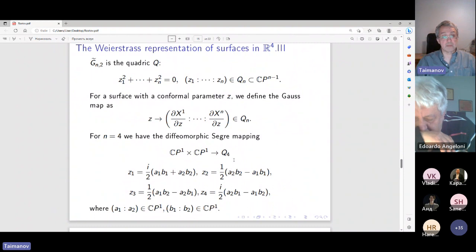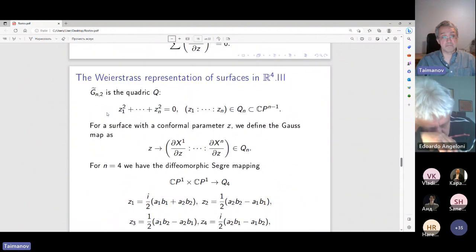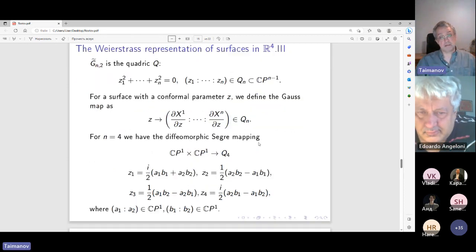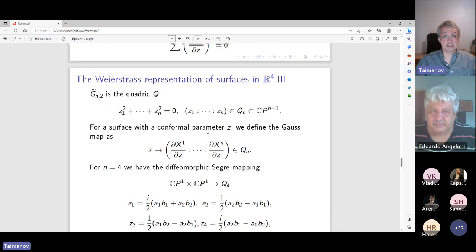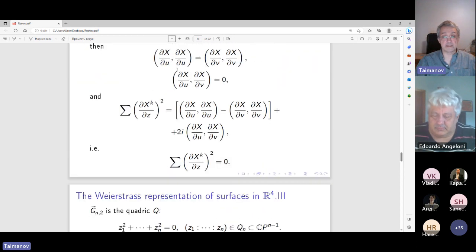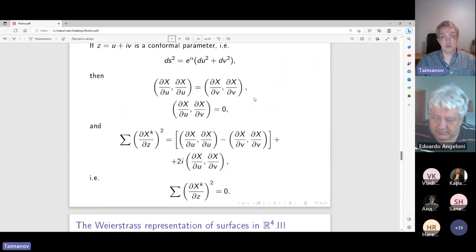Now consider this quadric Q, just z1 squared plus ... plus zn squared equals 0 in CP^(n-1). What does it mean? You see that's dx/du and dx/dv. They are two vectors which span the tangent plane.